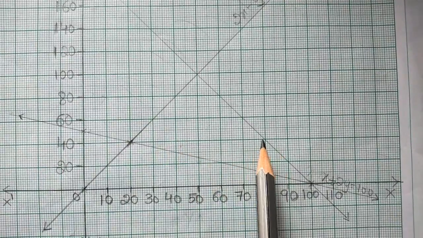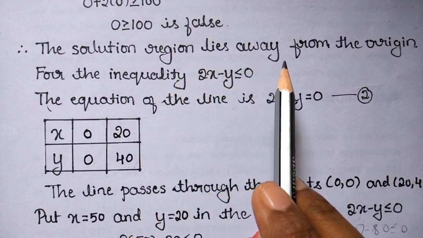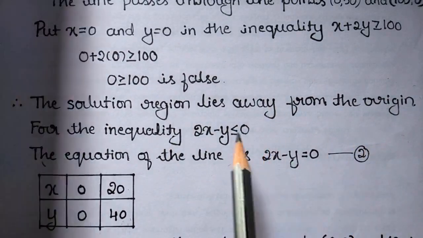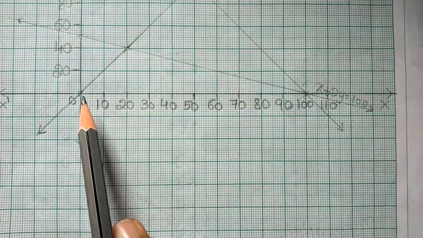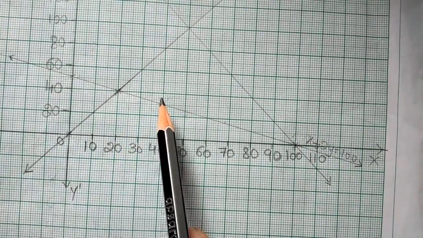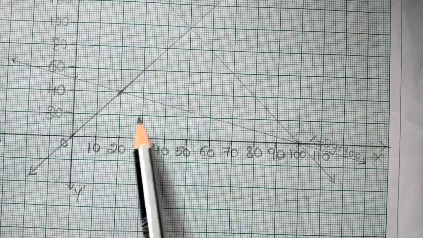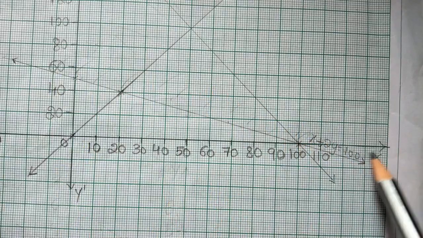Now, observe here, the solution for the first line lies away from the origin. So this is the first line. The region towards the origin is here. Then the region lying away from the origin is above the line. So this will be the solution region for this inequality.